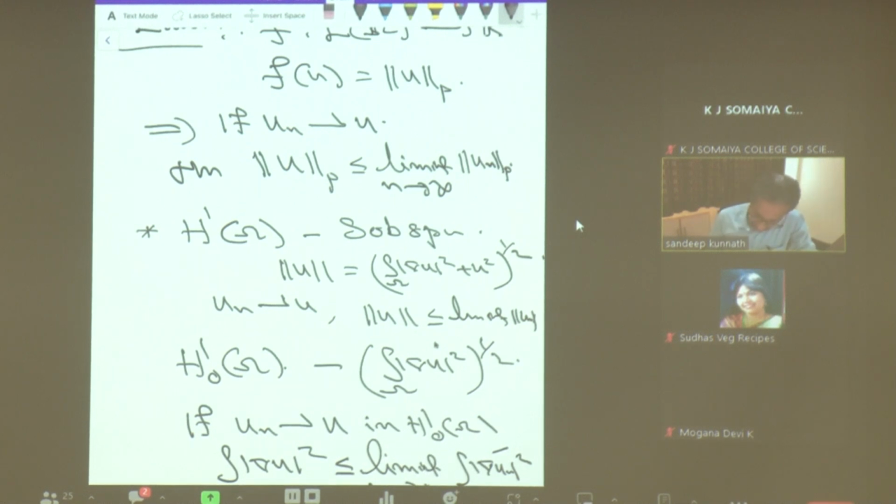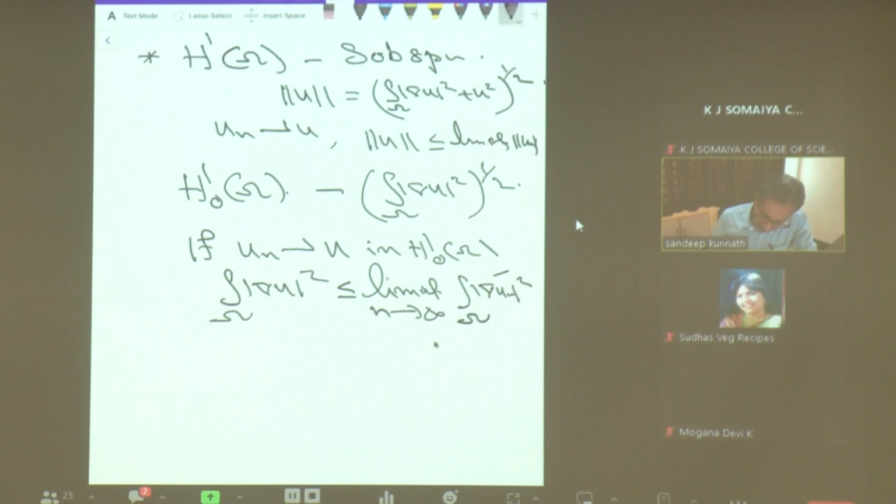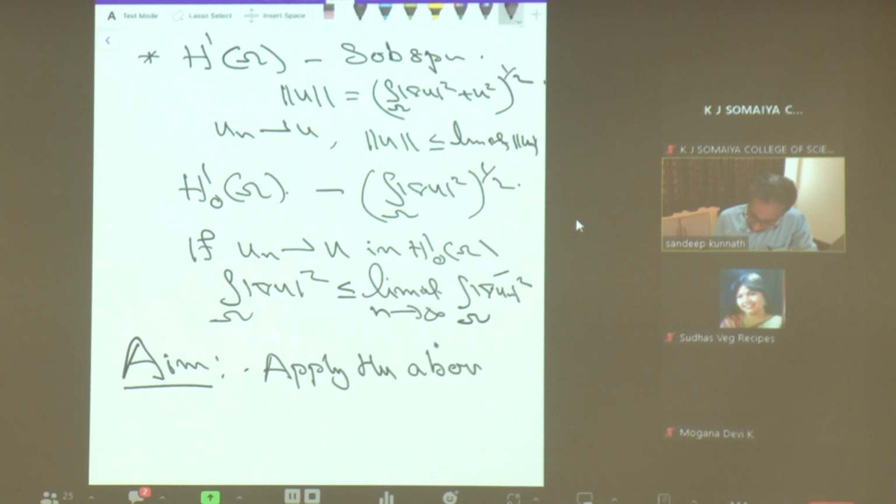Okay. Now the question, the aim, is to apply the above abstract theorem to PDE.